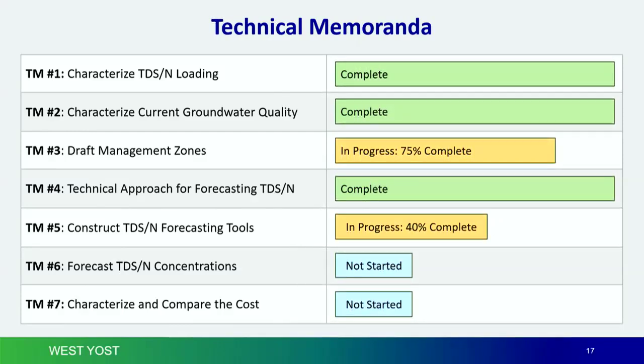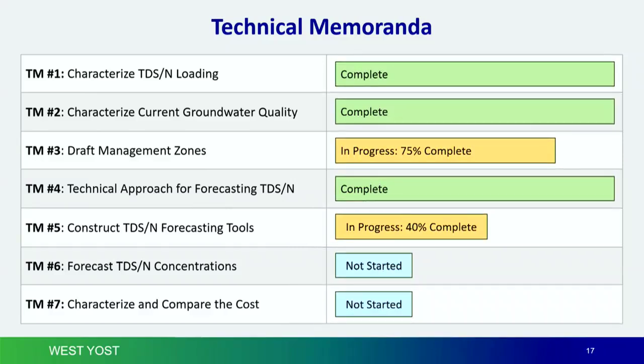TM3, I skipped over. We're 75% complete with that, and we're going to be reporting to you on some of our progress here today. And this is where we're defining our management units within the larger groundwater basin and proposing those. And we're proposing a method to compute what we call ambient water quality.